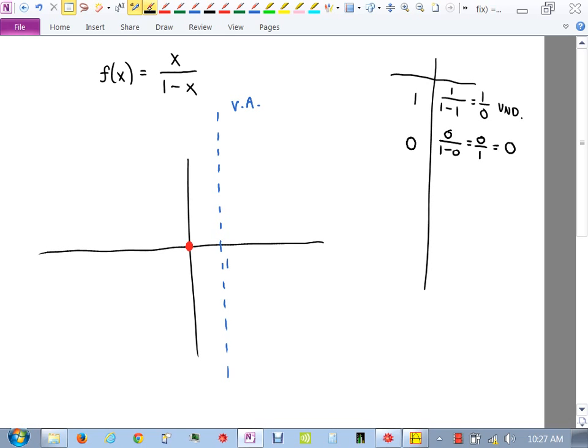Let's try some other points. What would be another point to go for here? 2, okay. Does 2 work? 2 over 1 minus 2. Agreed? What's that? Negative 2?